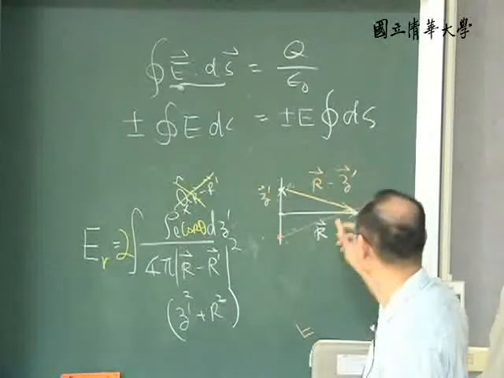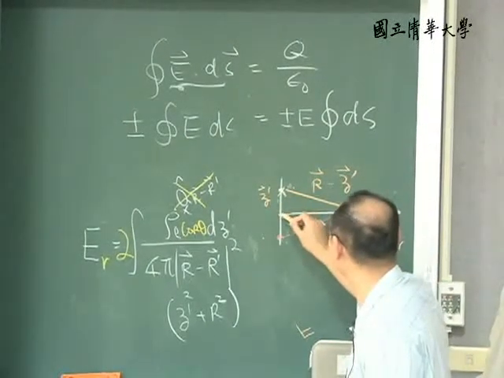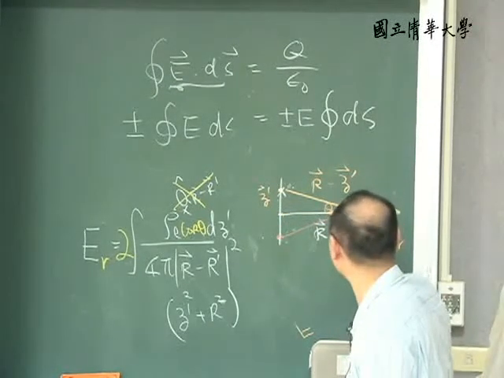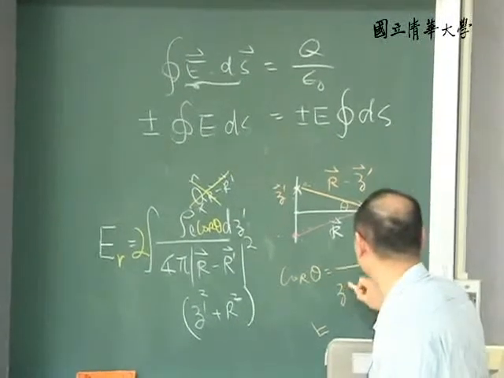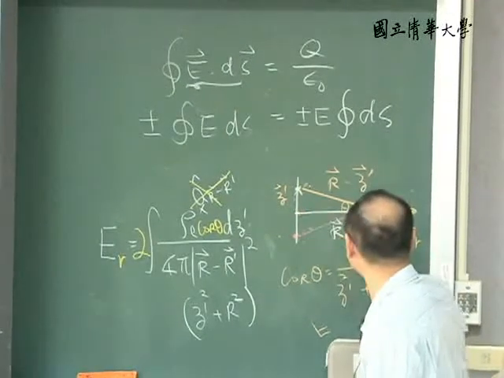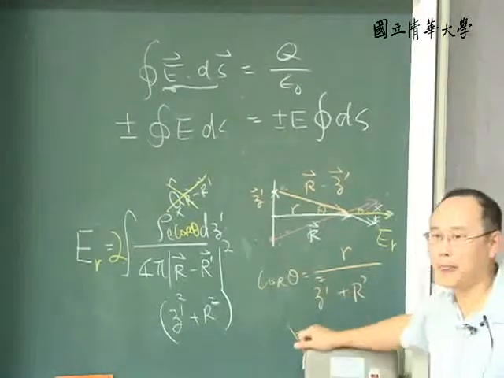Because cosine theta is basically the distance from here to here, r, divided by the square root of z prime squared plus r squared. This is your cosine theta.